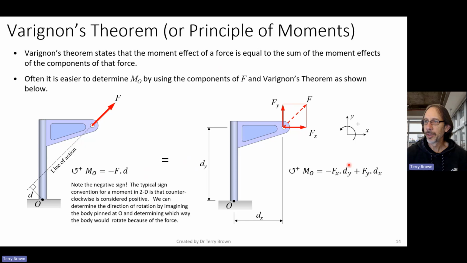So that tells you that this one's positive. Okay, assuming that you're using x to the right, y positive upwards, and using the strictly correct assumption for positive moments as anti-clockwise. So note the different signs on the terms that I've just talked about.